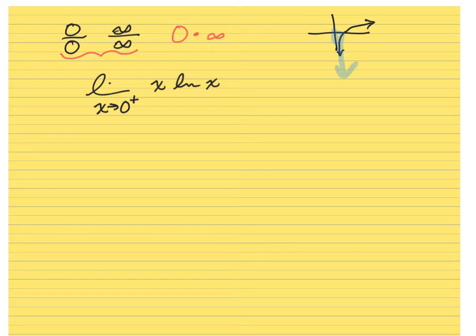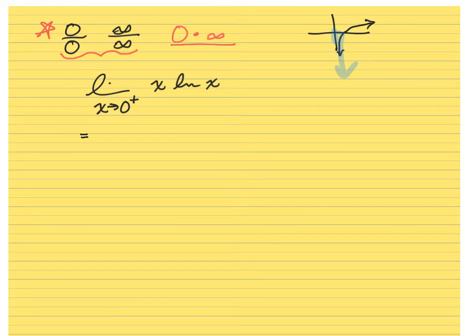So L'Hopital's rule will work with this whenever you deal with indeterminate forms of this form, 0 times infinity or negative infinity. You have to change the expression into one of these. We will always be changing into either 0 over 0 or infinity over infinity.